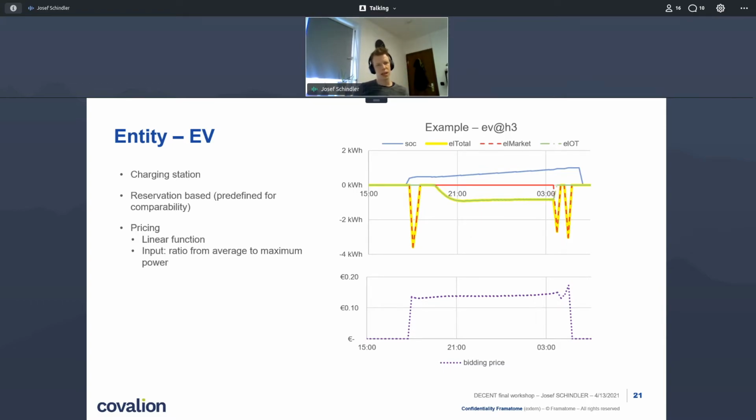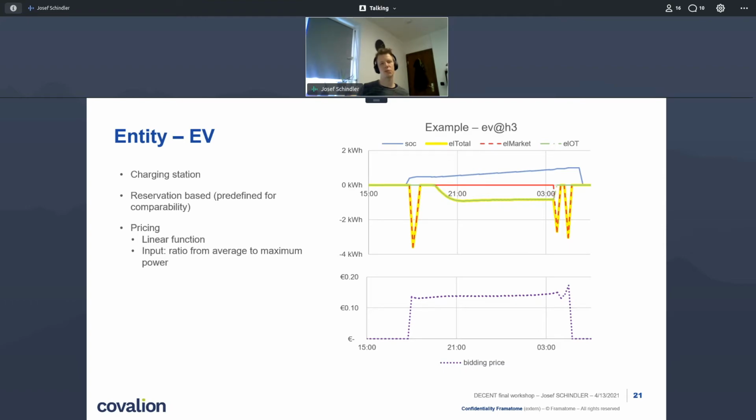The pricing for the forecasting has as its input value the ratio of the average to the maximum power that can be charged. The average power is calculated as if we would charge the EV to 100% within the time given by the reservation.